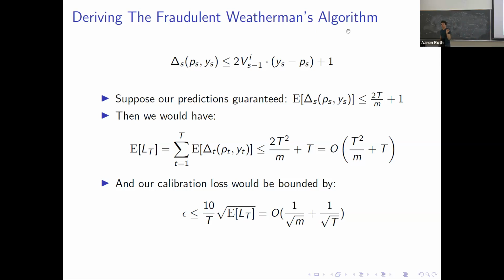M is the number of distinct predictions we can make. And so if we allow ourselves to make a number of distinct predictions that grows with t, then we can make our calibration loss go to 0 at the rate of 1 over root t, which is the same as the oracular weatherman would have been able to obtain.